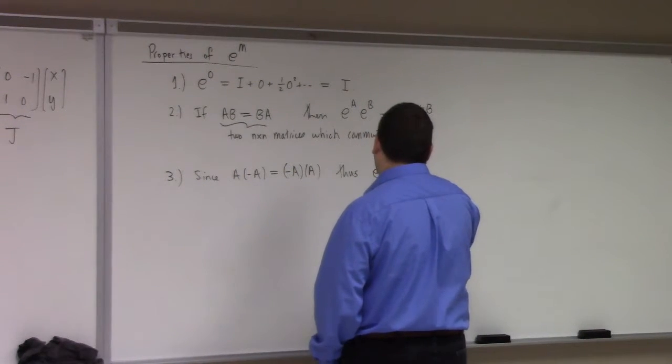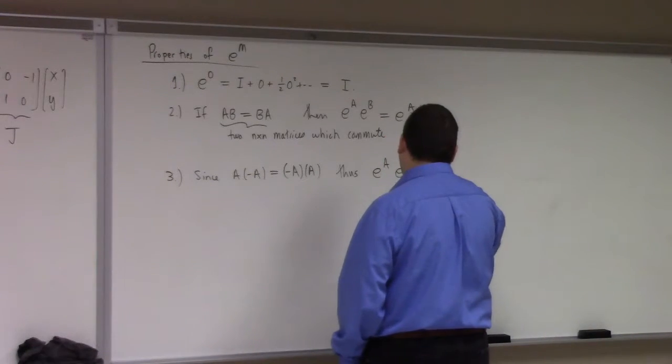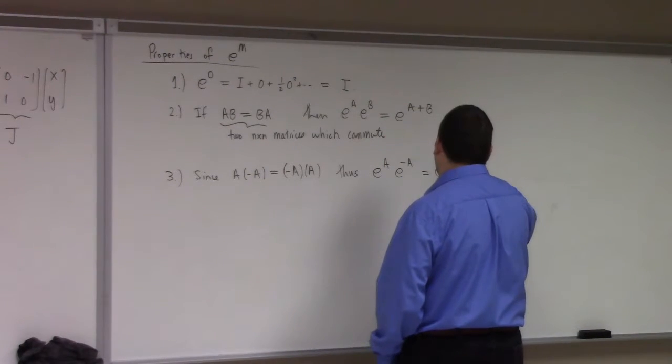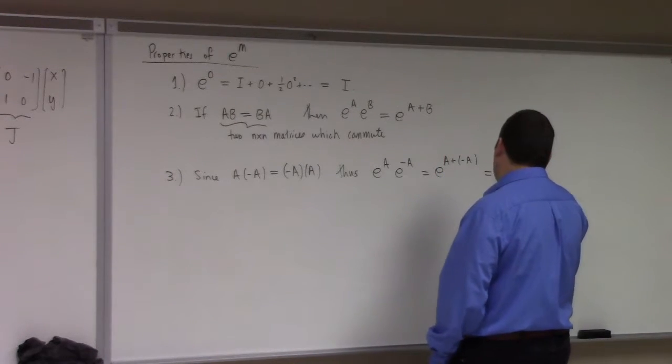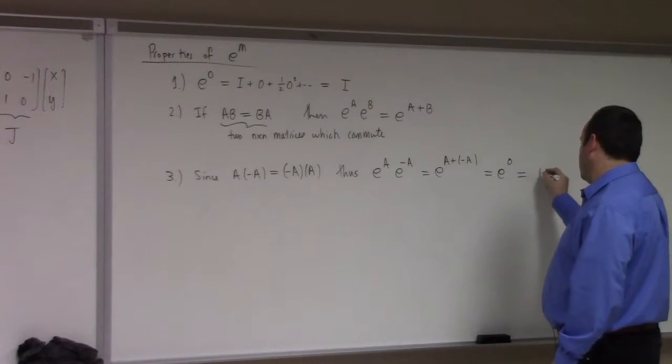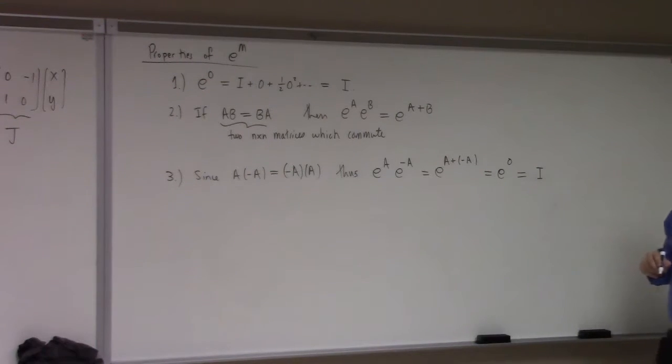So e to the A times e to the minus A is equal to e to the A plus minus A, also known as e to the 0, which is the identity.